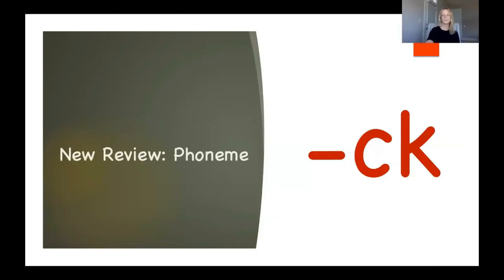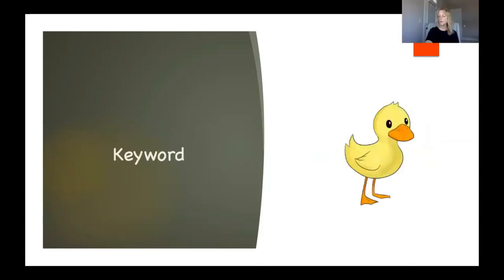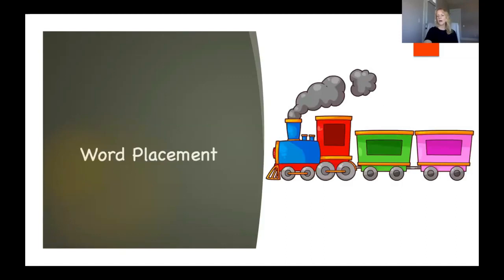What does this say? Very, very good. What is our key word for CK? Duck. Be sure and put that on your student recording sheet. Okay. Where do we find CK in a word? We find it at the end of a one-syllable word. Nice. Very, very good.